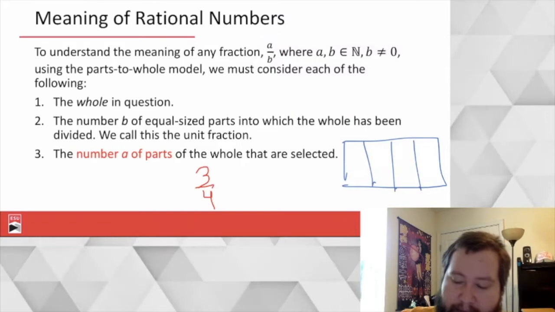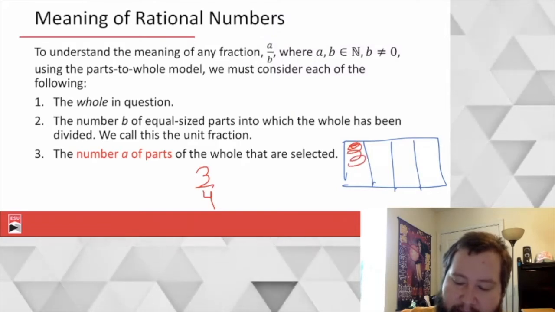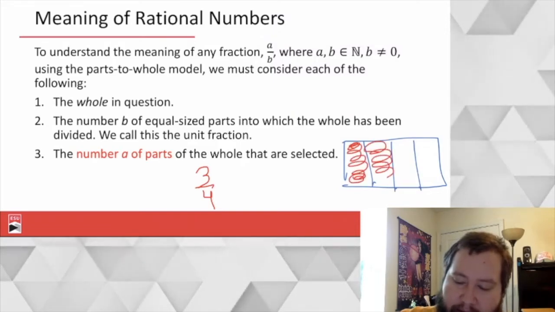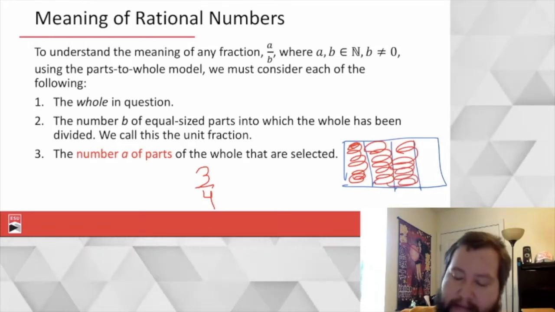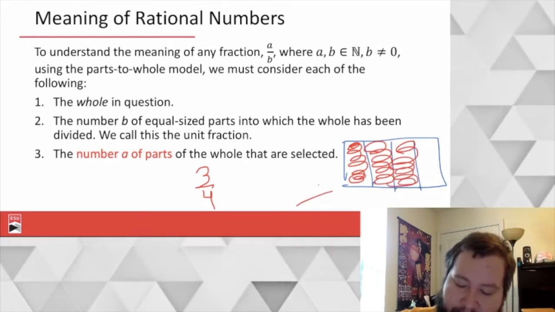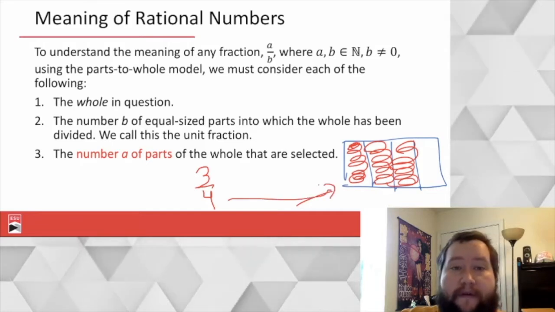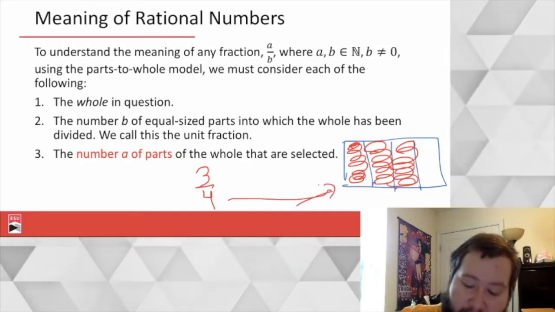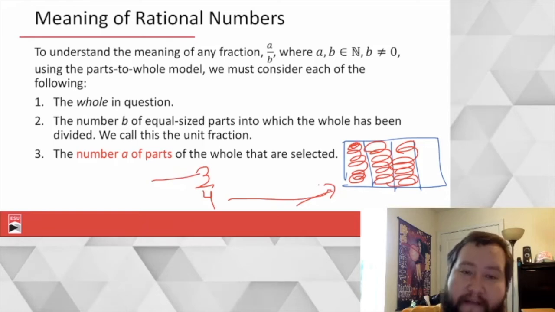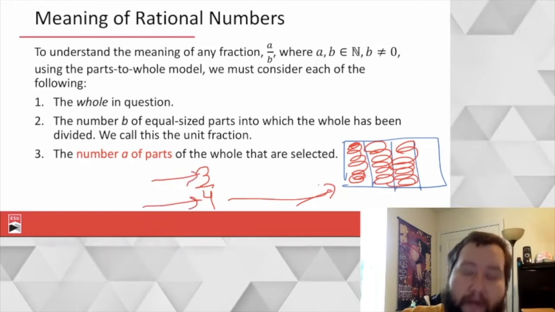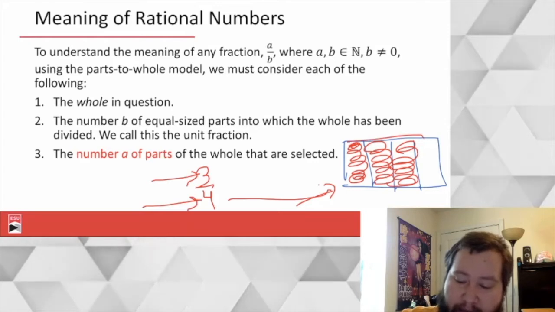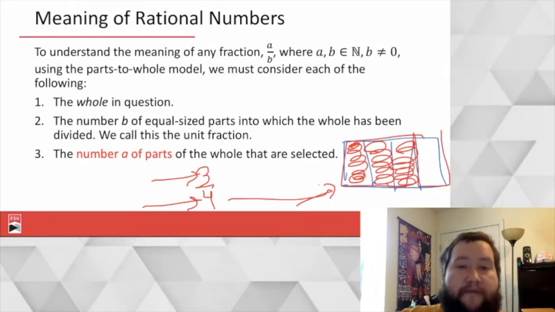The 4 told us how many pieces, and the 3 tells us that we have 1, 2, 3 shaded. So this represents 3/4, because 3 equal-sized pieces of the 4 possible in one whole are shaded. 3 out of 4.